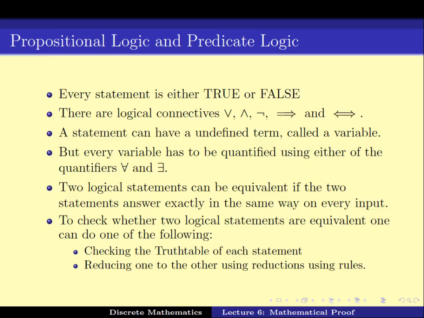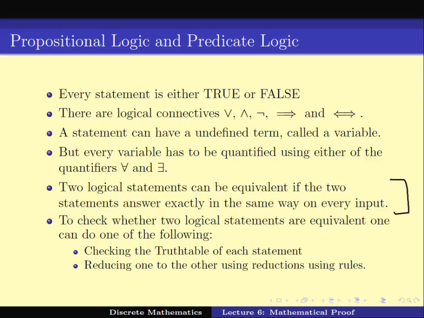So to recap, what is propositional logic and predicate logic? Now in propositional and predicate logic, we say that every statement is either true or false. There are connectives, namely and, or, not, implies, and if and only if. A statement can have an unidentified or undefined term called a variable, but every variable has to be quantified using either the quantifier for all or there exists. Now here is the most important thing of propositional logic.